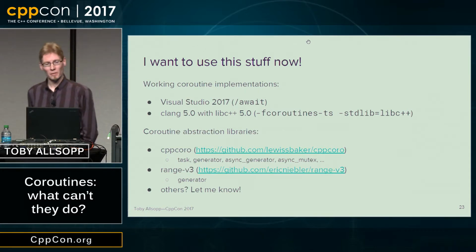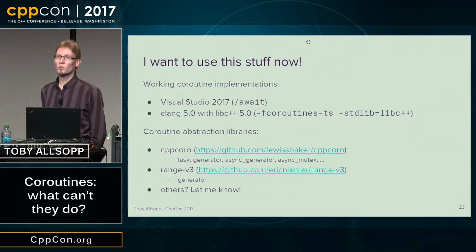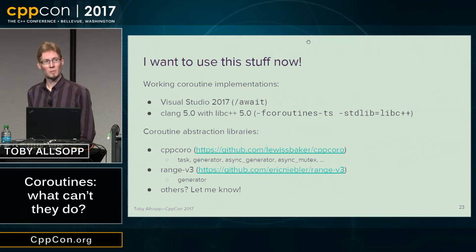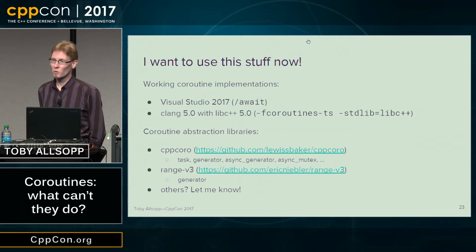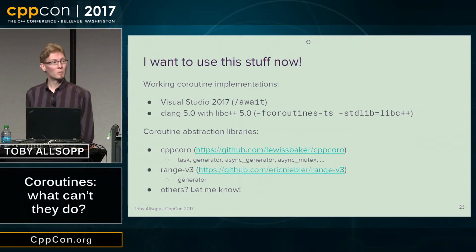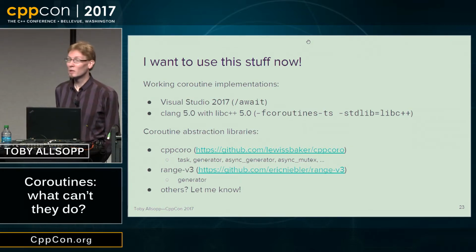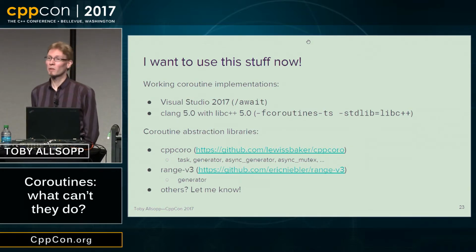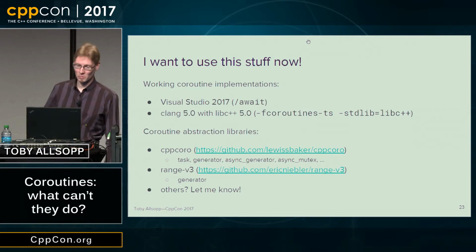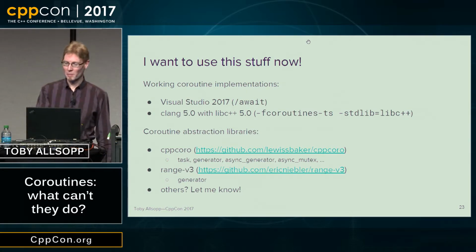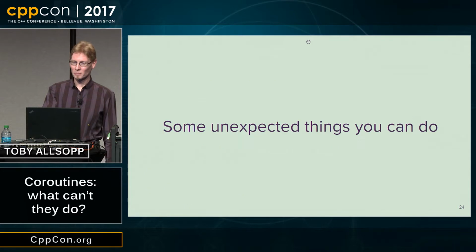Highly recommend that. The Range v3 library has a generator implementation which works nicely with the Range v3 library. I am certain there are others, so if you're working on any or know of any that are awesome, please let me know. I'm always interested to find out about this stuff.